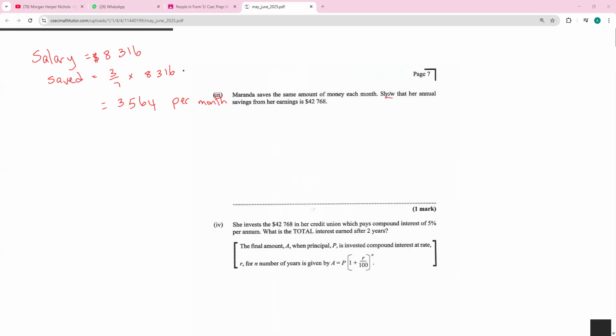They said show. Anytime they tell you to show something, it means that they gave you the answer, and all they want to know is if you know how they got it. Now, easy squeezy. If per month she saved $3,564, and they wanted for the annual savings, there are 12 months in the year.